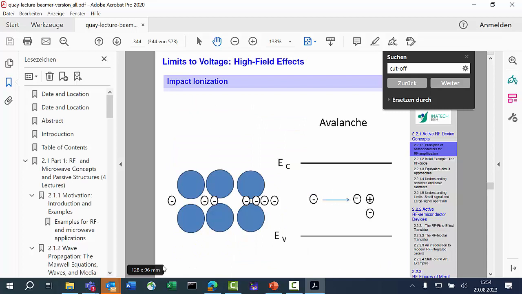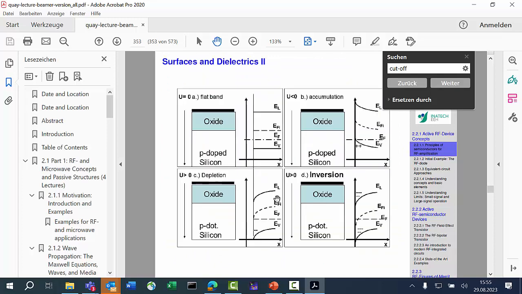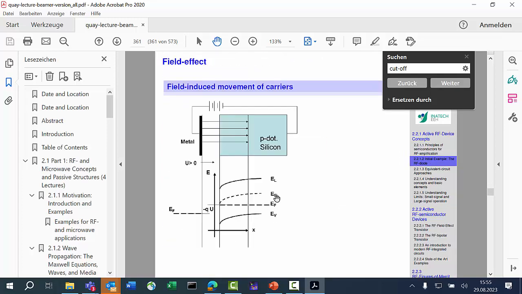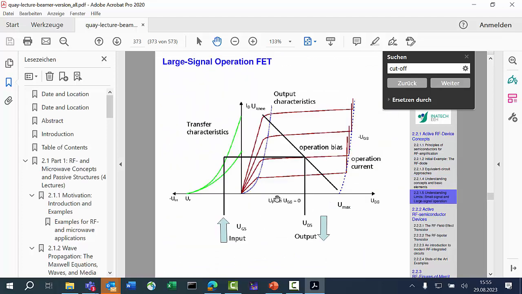If you put the distance between two contacts too small, then you will accelerate the electrons in the channel too much, and they will start to kick out electrons from the crystal. And that's problematic, because if you make the voltage too small, then we are again at the beginning of the lecture, what we just discussed.